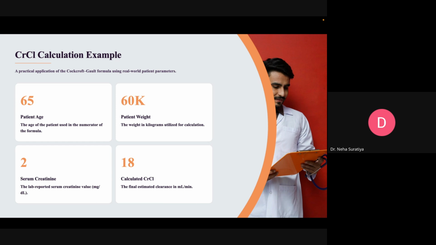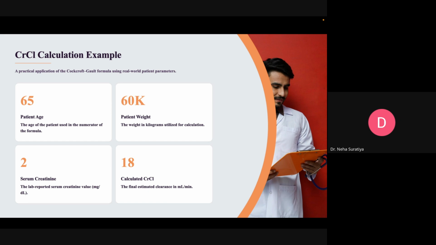This is how you can calculate your creatinine clearance based on the patient's age, weight, serum creatinine, and gender. It is a very simple formula, but the meaning is huge, right? Most renally cleared drugs need dose reduction in this patient, and some drugs may still be contraindicated, so you need to identify what those are.